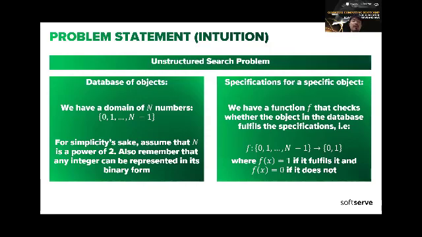We started out with the bit, which could be on and off, or Boolean, either true or false. So in this case, f(x) equals 1, or true, if x fulfills the specifications, and f(x) equals 0 if x doesn't fulfill them. Any questions about these two parts of the problem statement, about database objects and the specifications?